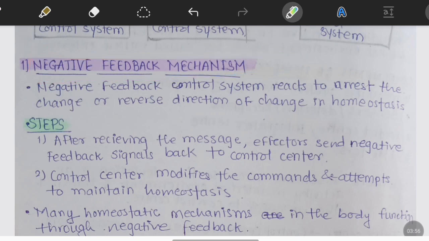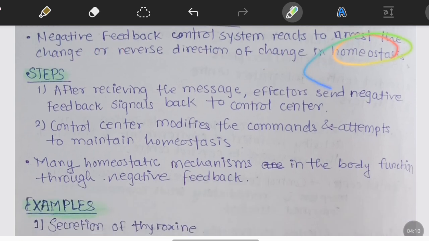How does this occur? The negative feedback control system reacts to arrest the change or reverse the direction of change in homeostasis. How?